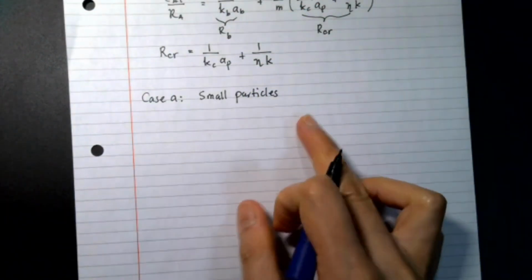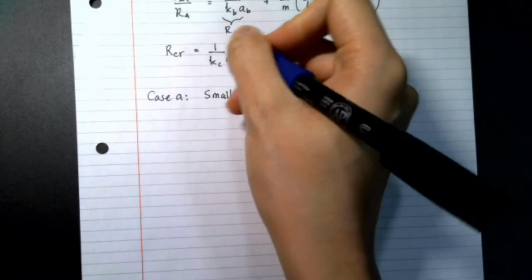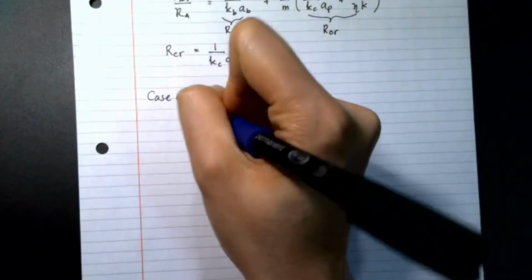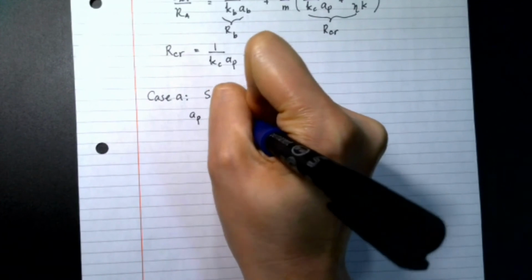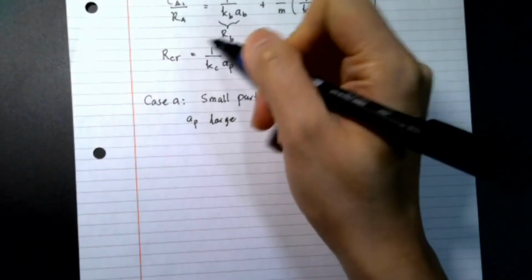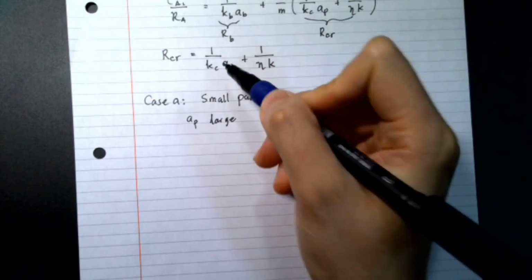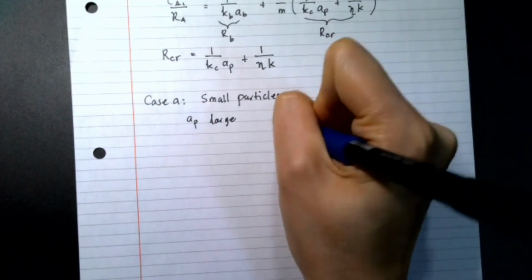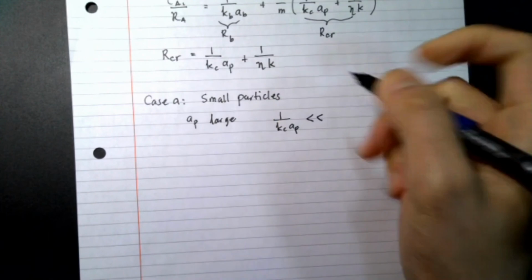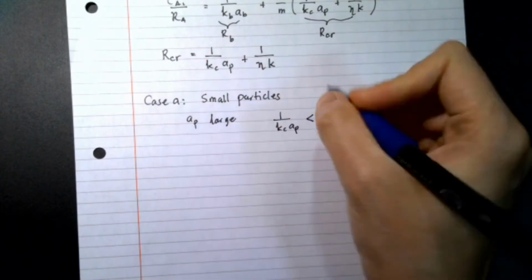When we have small particles, the external surface area of your pellet, AP, is large. Therefore, this term is small. So 1 over Kc AP is significantly smaller than this term, 1 over eta K.